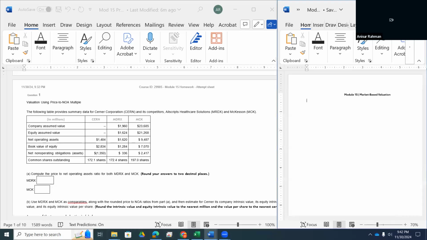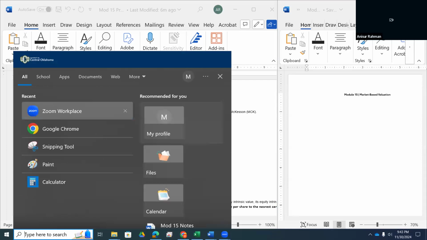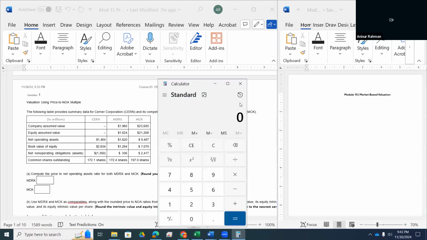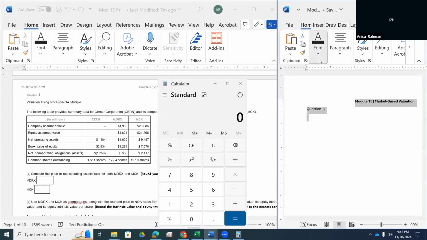So for MDRX, this will be price to net operating assets.